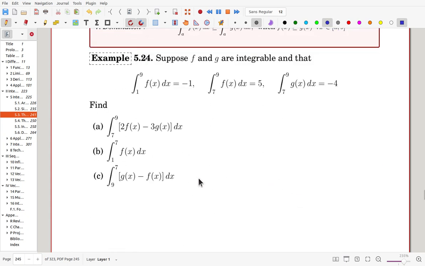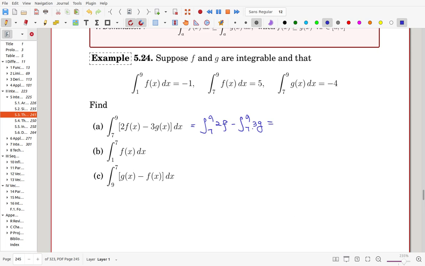Okay. Here, let's solve this example. Suppose both f and g are integrable, and we have this data. Let's try to solve this one. Using the sum and difference formula, that is the integral from 7 to 9 of 2f minus the integral from 7 to 9 of 3g.